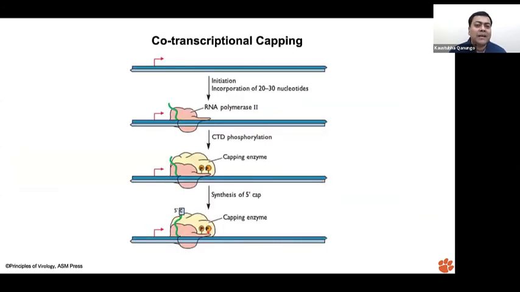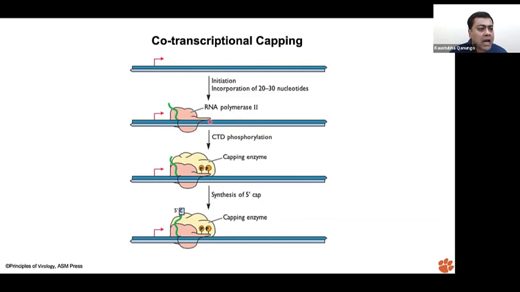So let's take a look at the detail of this co-transcriptional capping. What you are seeing is that at the start site, RNA polymerase incorporates about 20 to 30 nucleotides. After it reaches 20, 30 nucleotides, there is a specific sequence on the gene that is encountered by the RNA pol 2.